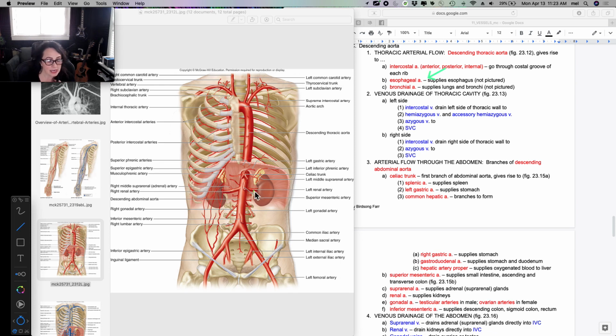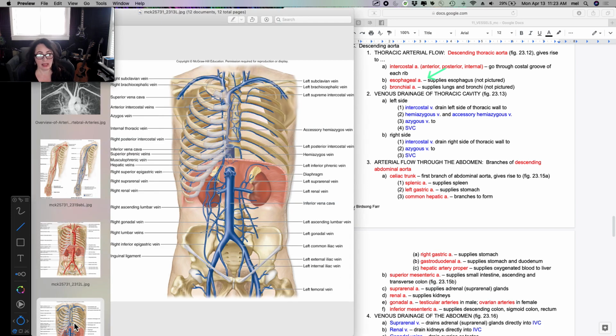Okay, so now we have to get blood supply back from the thorax, back into the venous circulation. So let me show you that. And this is a weird circulation pattern. And the weird circulation pattern is because the superior and inferior vena cava are more toward the right side.